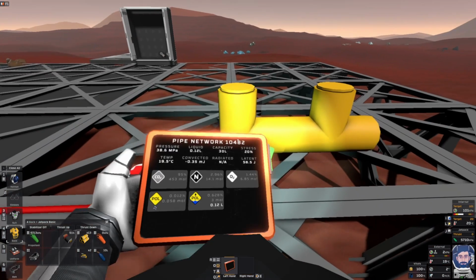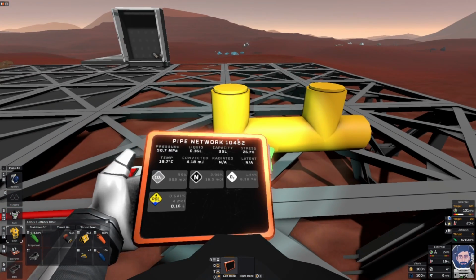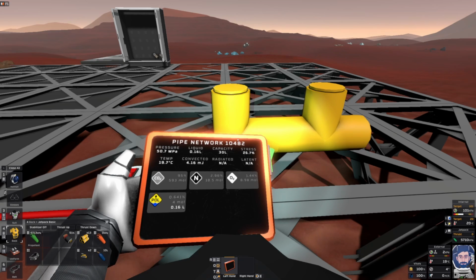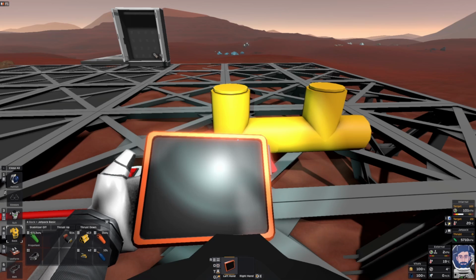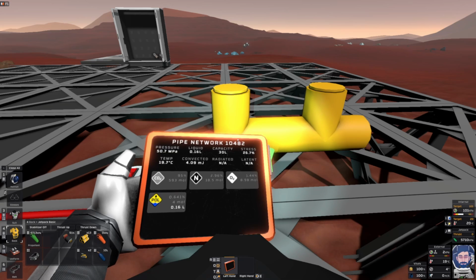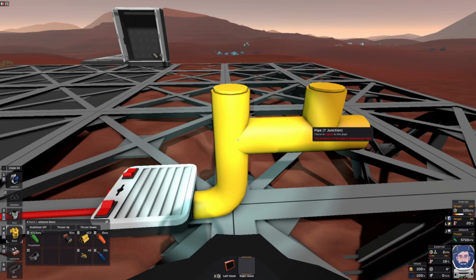As I add more, when I increase the pressure to what the game considers close to bursting, the pipes will start groaning, or as some people call it, singing. This simply tells you that the pipes are near their maximum pressure, but they are not yet taking any damage. As you can see, the tooltip tells us it is dangerously high, but no damage is building up.